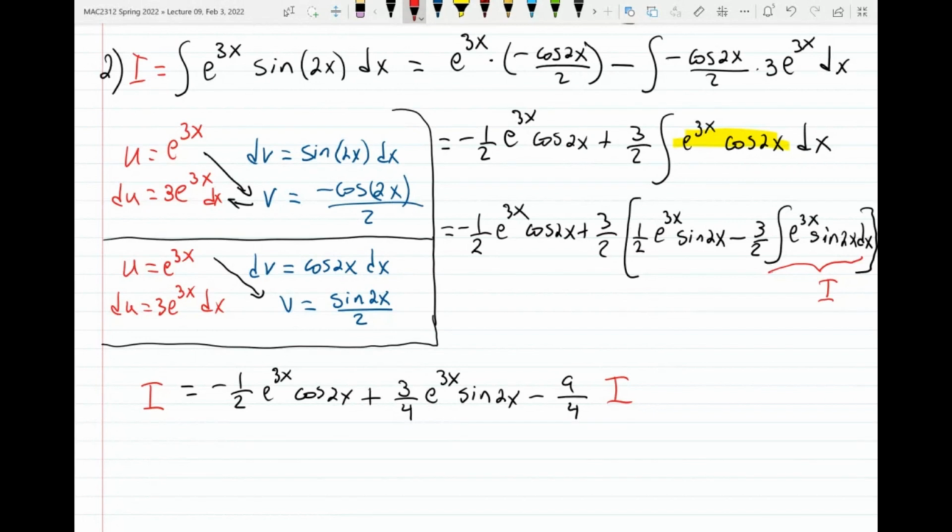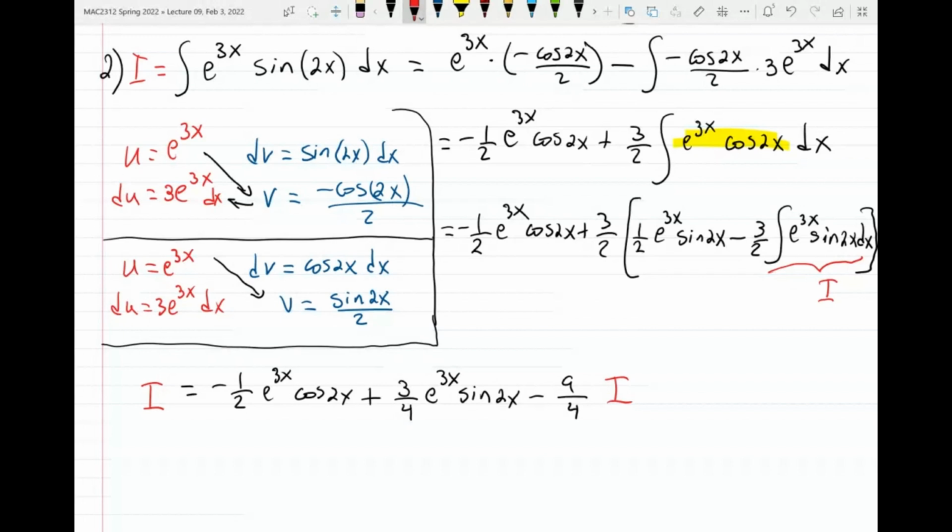I muted myself with this headset. Okay, anyways, can you hear me now? Okay, so I was asking a question for you. What is it that we need to do now? So what is it that we're looking for? What are we interested in knowing? Very good. We want to know the value of I, right? Because I is our integral.